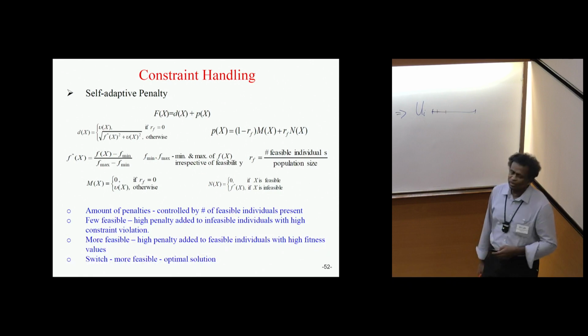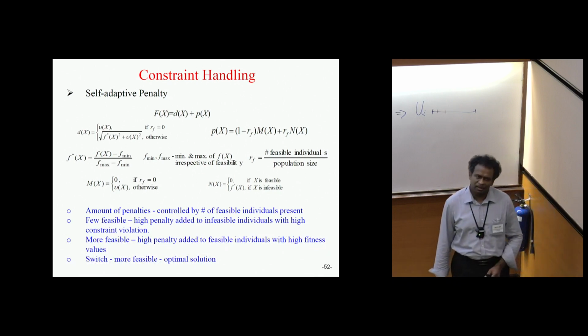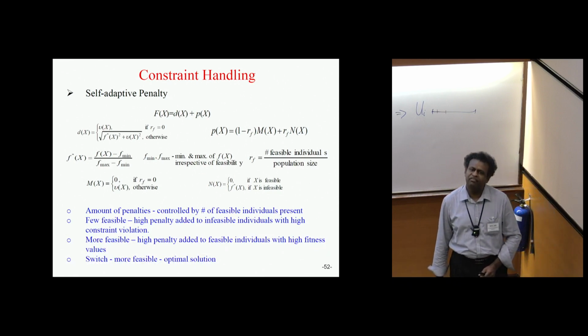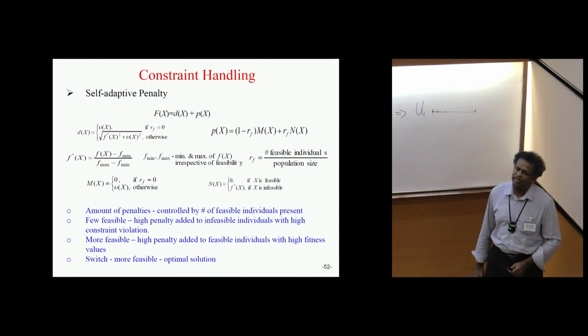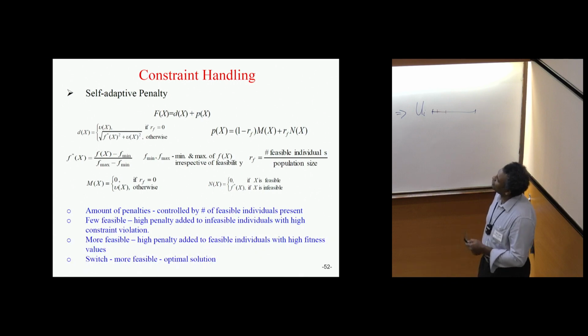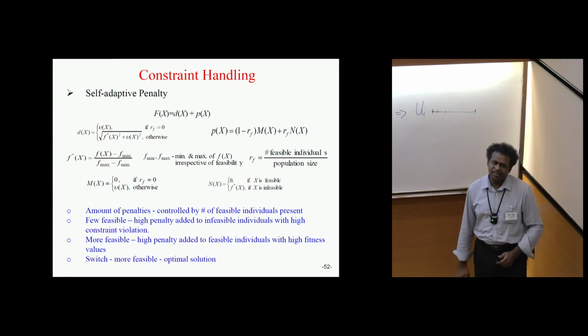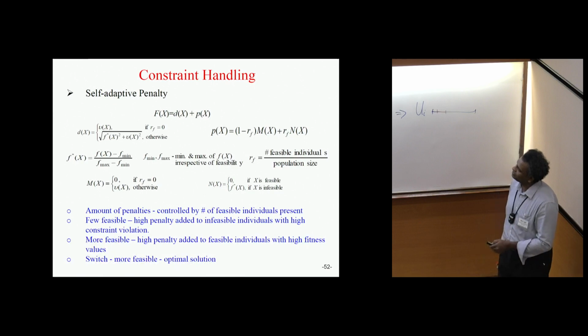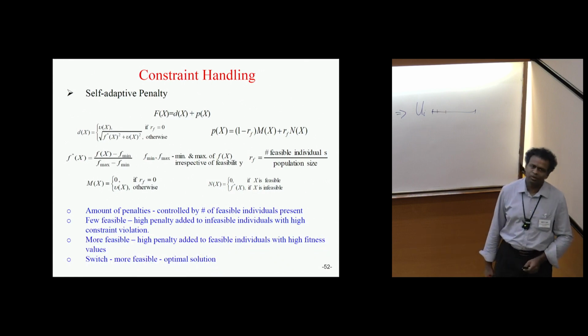And we also have self-adaptive penalty. The self-adaptive penalty method is also effective, not like the penalty-based constraint handling. In this particular self-adaptive penalty method, there are lots of equations, but basically what it is doing is given here. The amount of penalty added is controlled by the number of feasible solutions in the population.